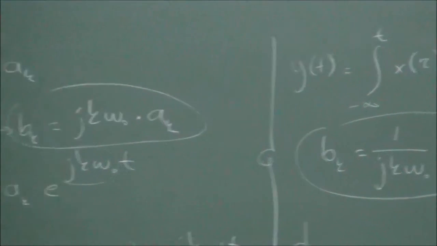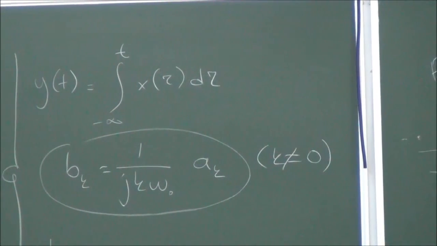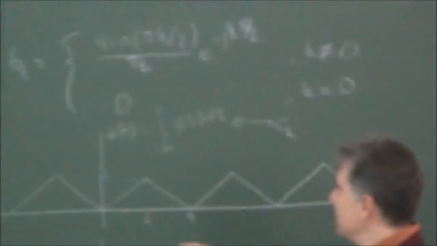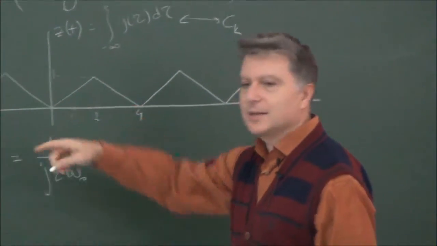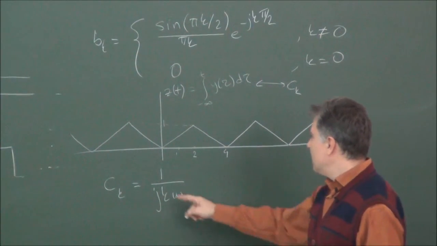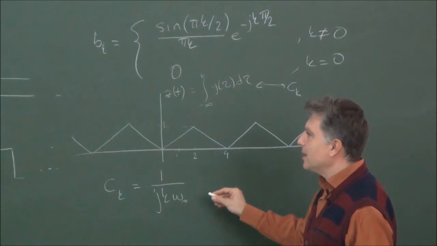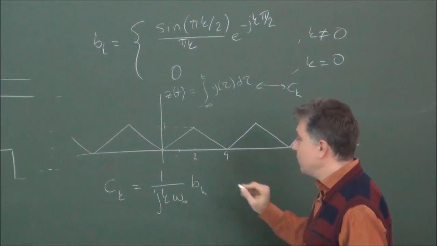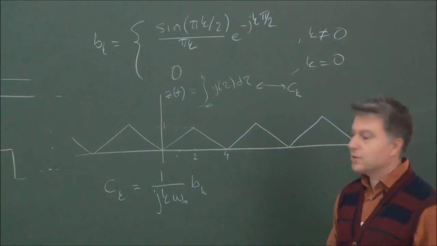Ck is equal to 1 over jk omega 0, with the same omega 0, by the way, because the period of this one and those ones, they are all the same. It's always 4. 1 over jk omega 0 times bk, for k different than 0, of course.